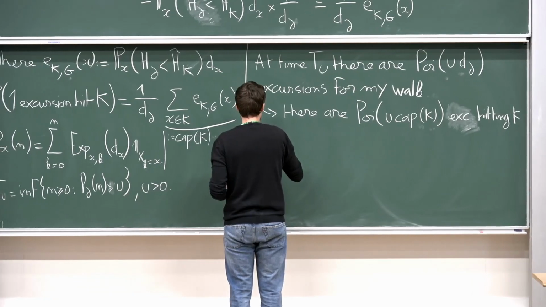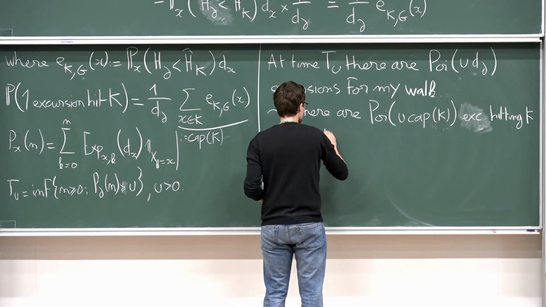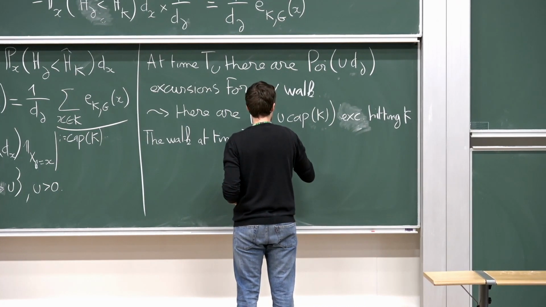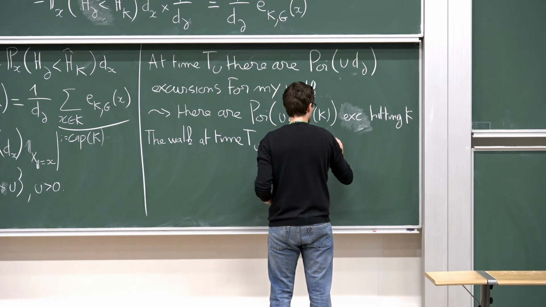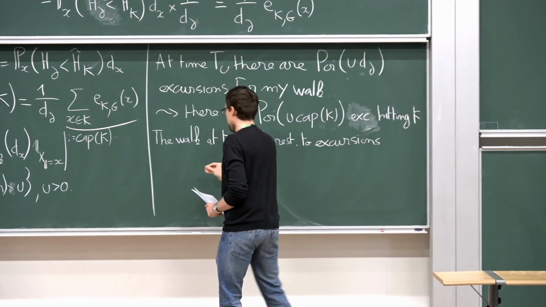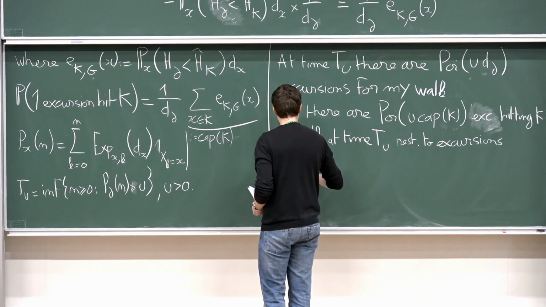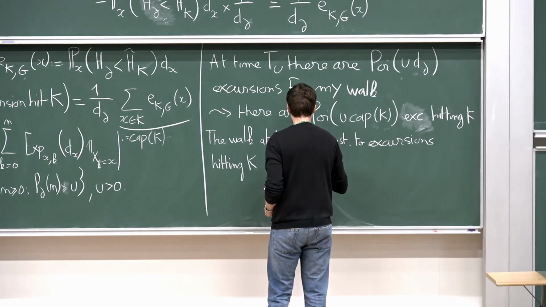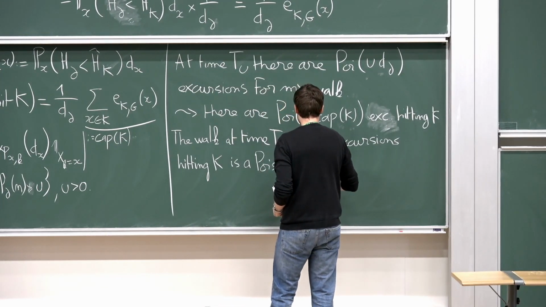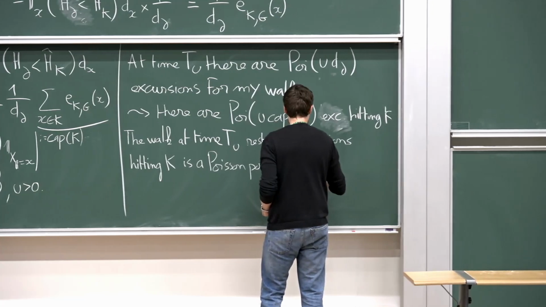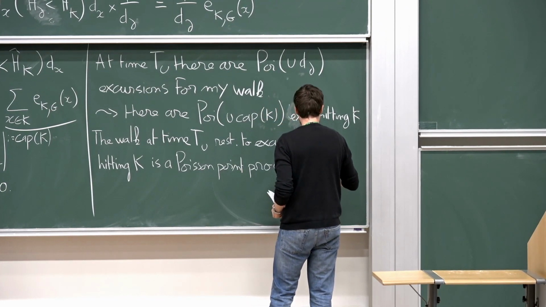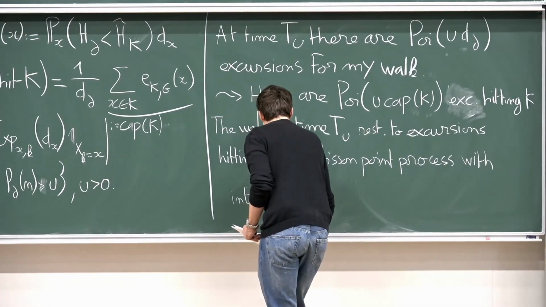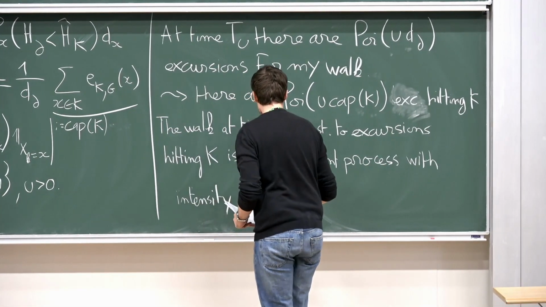So the walk at time tu, restricted to excursions hitting k, is now a Poisson point process with intensity u times the equilibrium measure times the measure that we call nu k.